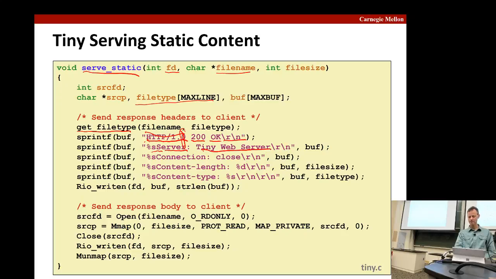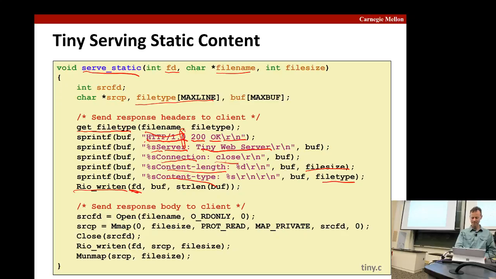This is the tiny web server. Connection close, content length. So it gets that from the file size. Content type, it gets it from the file type, which is computed. And then now that it's filled up that buffer, it does the Rio write to that file descriptor. Okay, and so that's kind of all the headers.